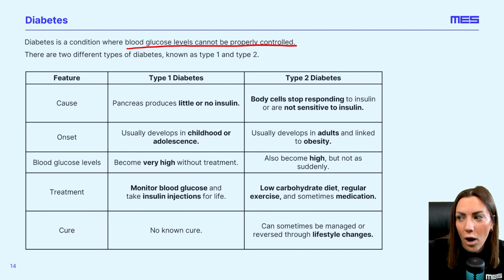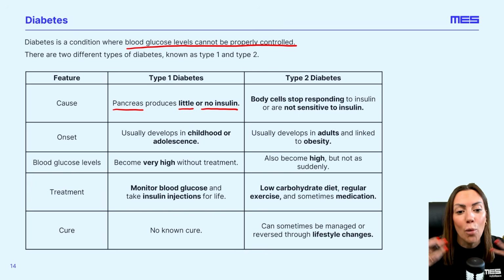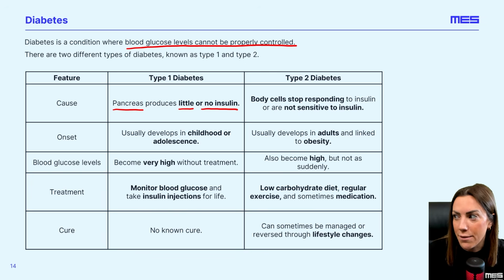So type 1 diabetes is caused because the patient's pancreas produces very little or no insulin. It is not working, it is not producing the hormone insulin. Whereas type 2, they are still producing insulin, their pancreas still produces insulin, but their body cells are not responding to insulin, or their body cells are not sensitive to insulin.